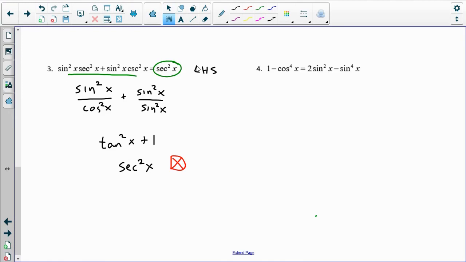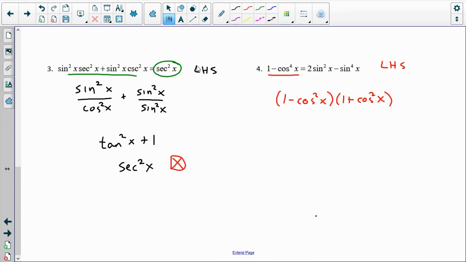Looking at number 4, I'll work with the left-hand side again. This is something where I'm going to really have to use my algebra. So 1 minus cosine to the fourth is the same thing as 1 minus cosine squared times 1 plus cosine squared. And the reason that that is true is because it's the difference of two perfect squares.